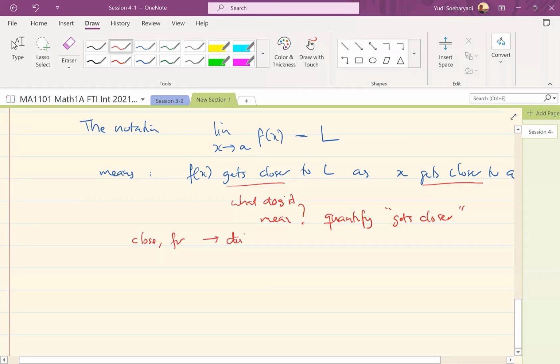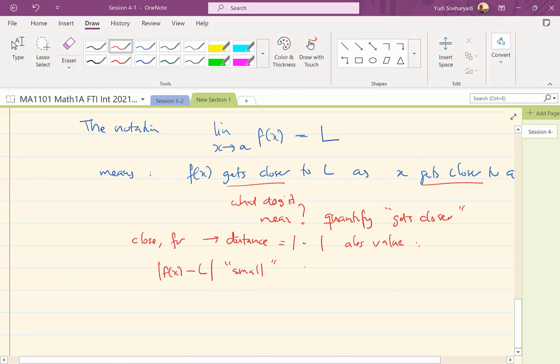And distance in math is absolute value. So it gets closer to L, meaning that the absolute value of f of x minus L is small.